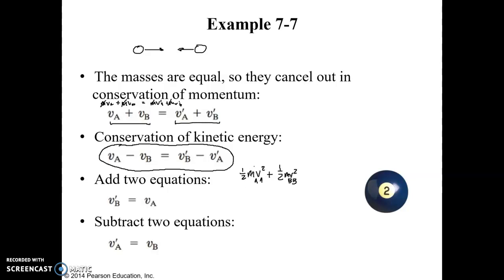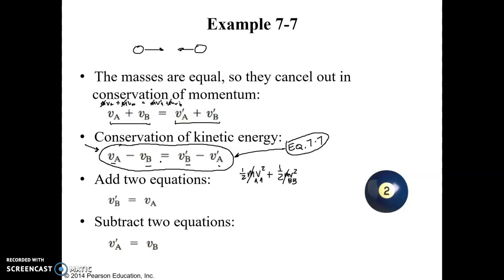Again, with the masses being equal, they cancel out, and the equation gets simplified, and we end up with this. This is an important equation to note. I believe you will need this for at least one of your homework problems. It has velocity A, velocity B, velocity B prime, and velocity A prime, the same variables that we have up here.